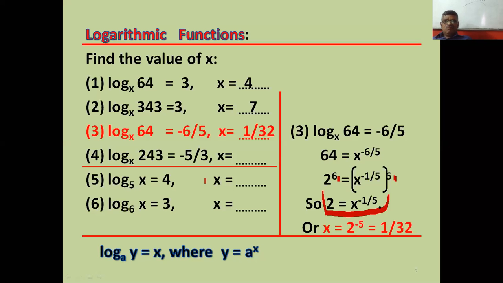If I write something on the board, can you see the board now in the small box? 243 equal to 3 raised to 5. So 3 raised to 5 equal to x raised to minus 1 by 3 raised to 5.